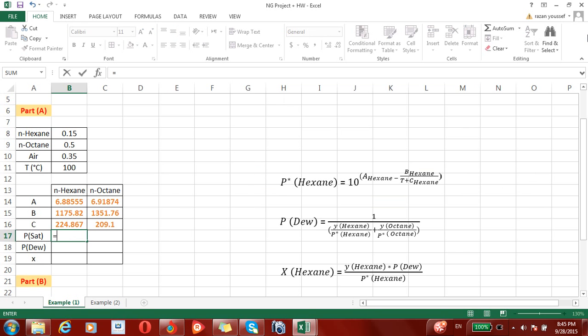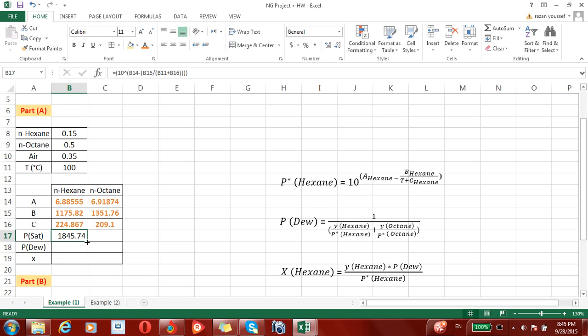First, starting with n-hexane, 10 to the power of A minus B over T plus C. Make sure to close all the brackets. And we got our answer.